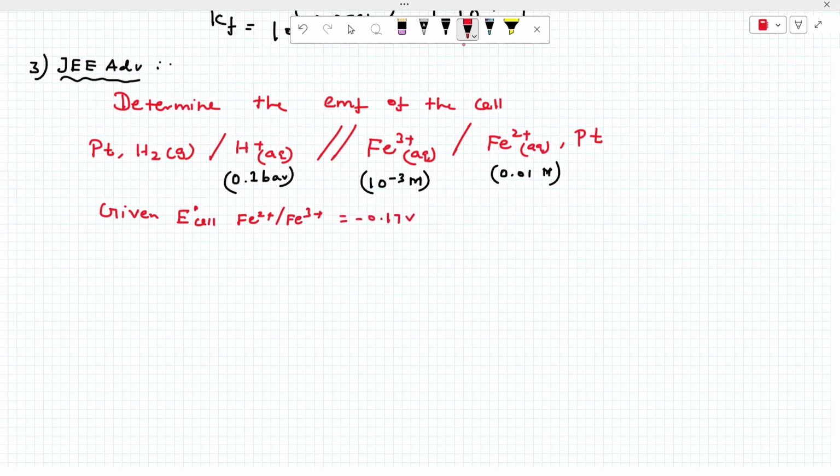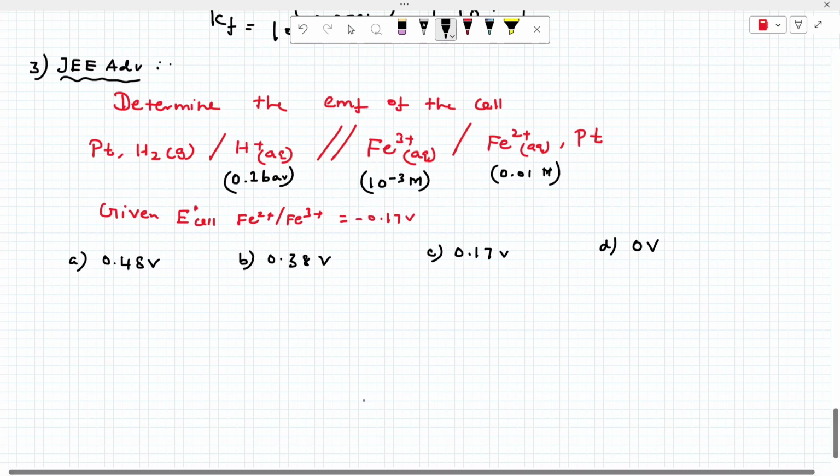Options: A, 0.48 volt. B, 0.38 volt. C, 0.17 volt. D, 0 volt. Right? Any question? Anyone? Any idea?